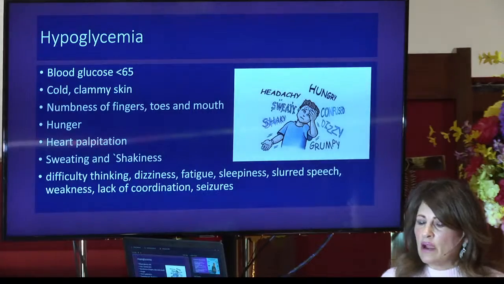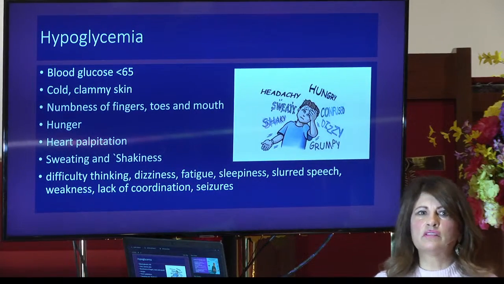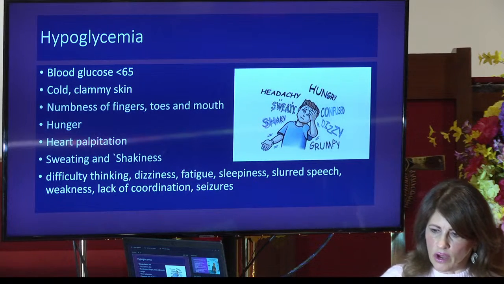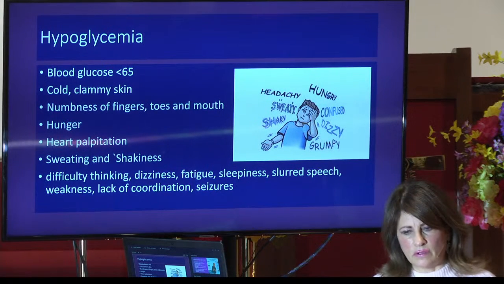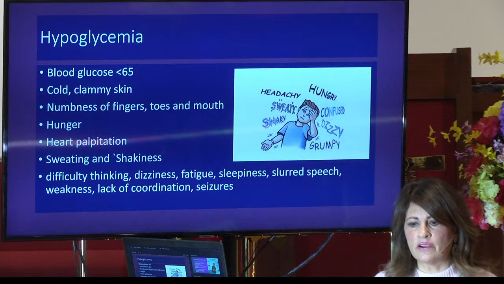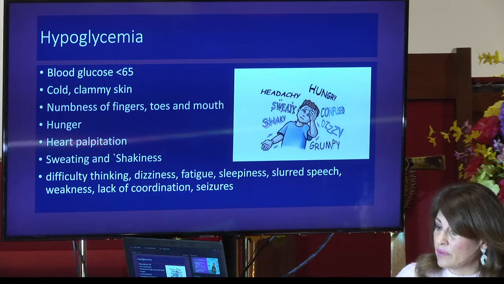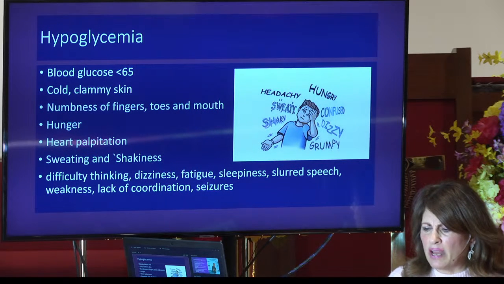And now we're going to talk about low blood sugar. I always tell my students hyper high, hypo low, right? Blood glucose less than 65 is considered hypoglycemia. The person will feel cold, clammy skin, headache, hungry, sweaty, shaky.